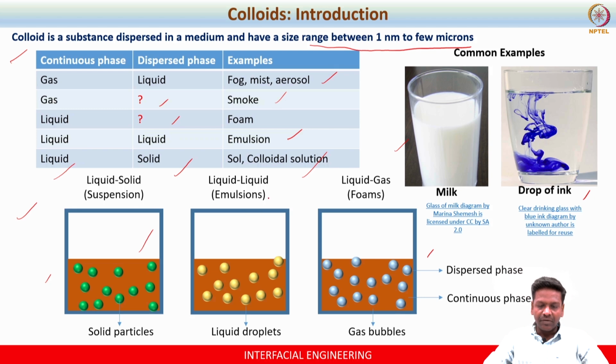In the case of emulsion, we talk about Pickering emulsion. Pickering emulsion means when we use a particle as a stabilizer instead of a surfactant, such an emulsion is called a Pickering emulsion. In this case you see the droplet, whether water in oil or oil in water emulsion.